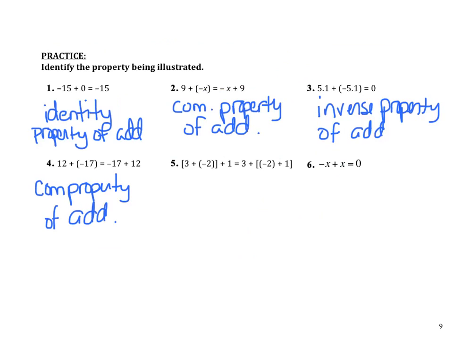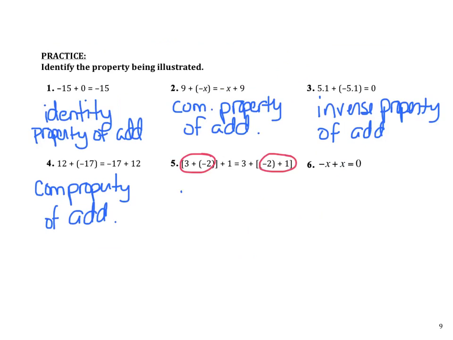All right, our next one. I've got 3 plus negative 2 plus 1 is equal to 3 plus negative 2 plus 1, with different parentheses. Notice how right here, this is grouped together here, and right in here, these two are grouped together. I haven't changed the order of anything, but what I've done is I've changed the grouping of them.